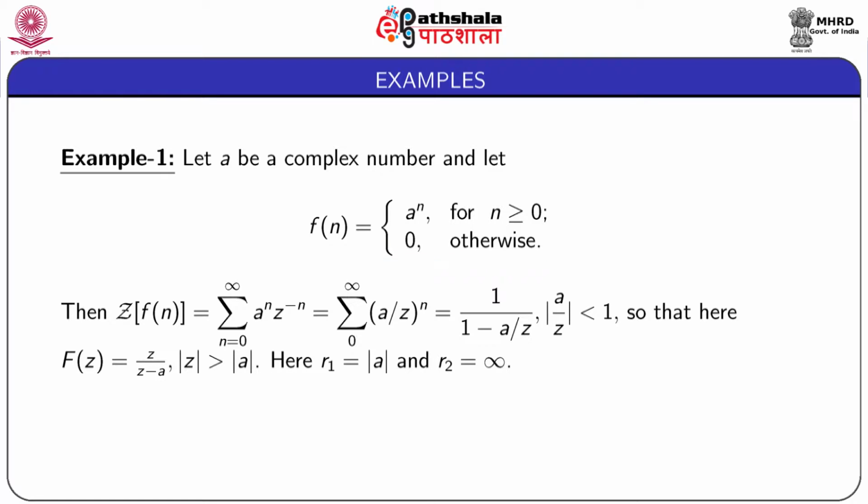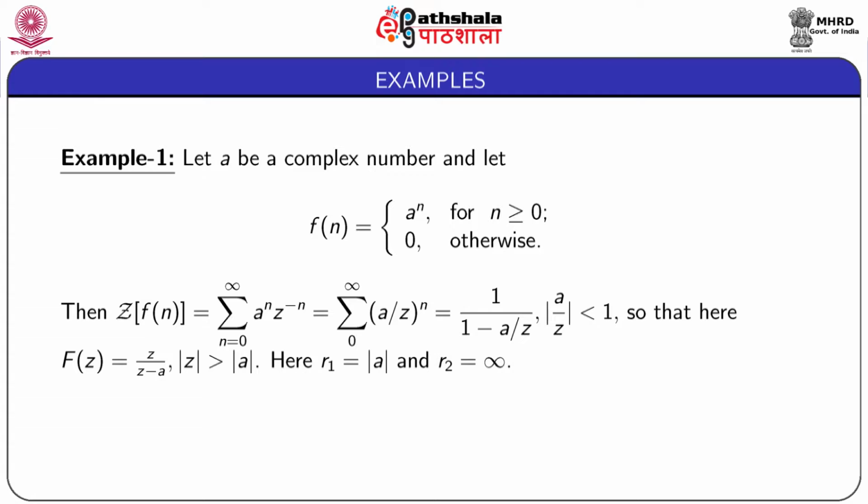Then the Z transform of f(n) is the summation n equal to 0 to infinity, because f(n) is defined in that way, of a to the power n z to the power minus n, which is equal to the summation from 0 to infinity of (a by z) to the power n, and that is equal to 1 by 1 minus a by z for mod a by z less than 1.